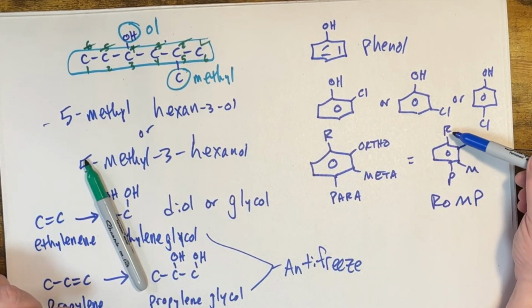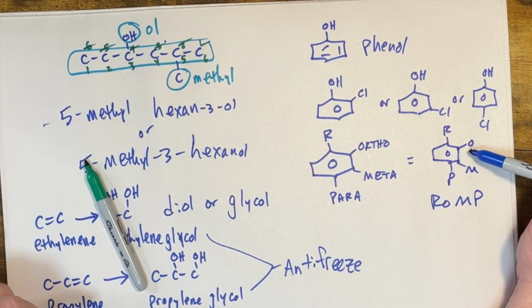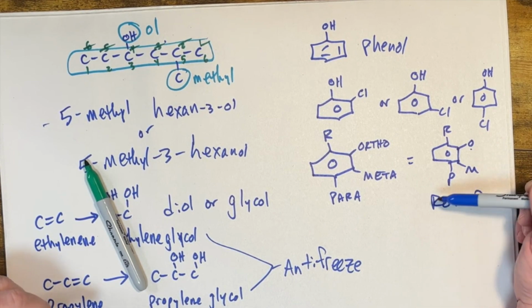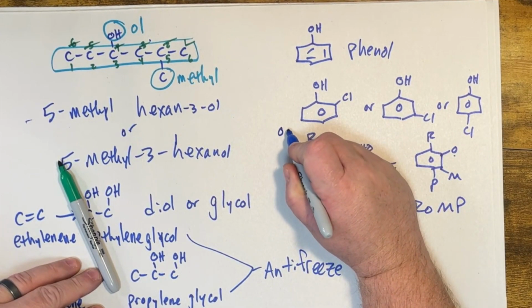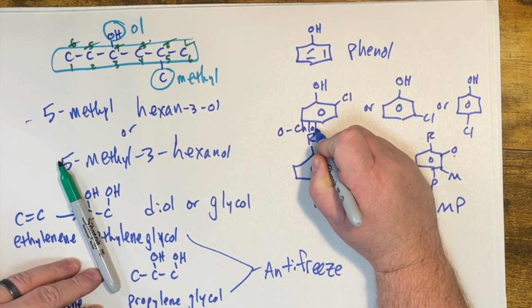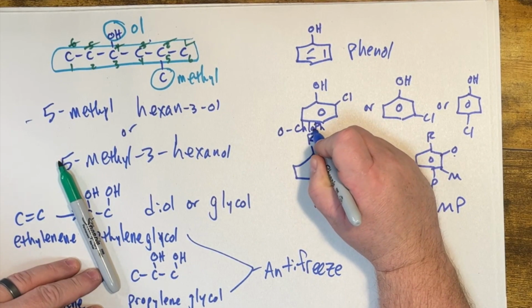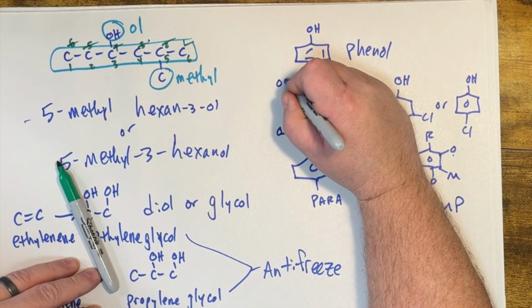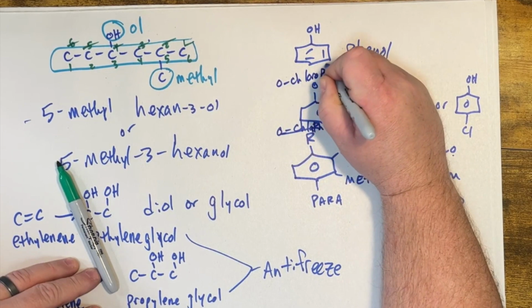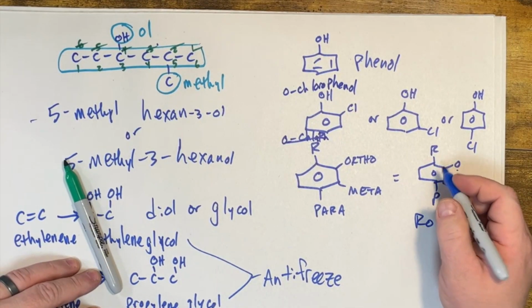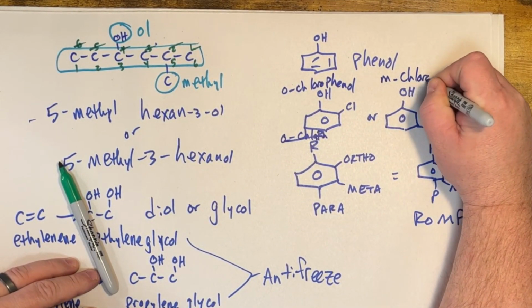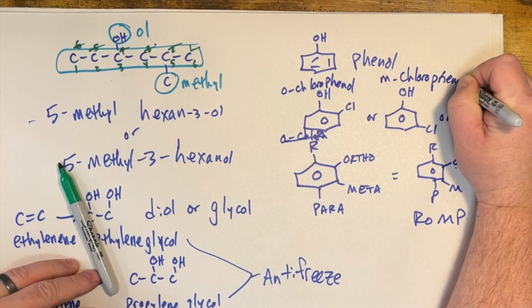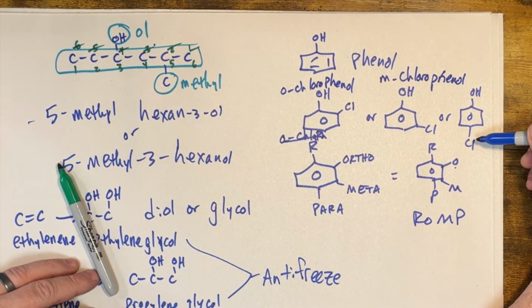So ROMP, whatever that R group is, if you're next door to it, that's ortho, then comes meta, then comes para. So this could also be called ortho-chlorophenol, or o-chlorophenol. And this would be meta-chlorophenol. And of course, para-chlorophenol. So ortho, meta, para.